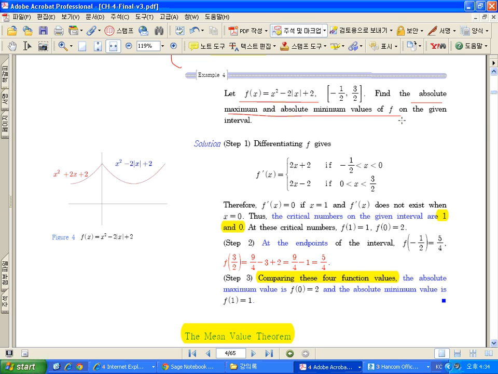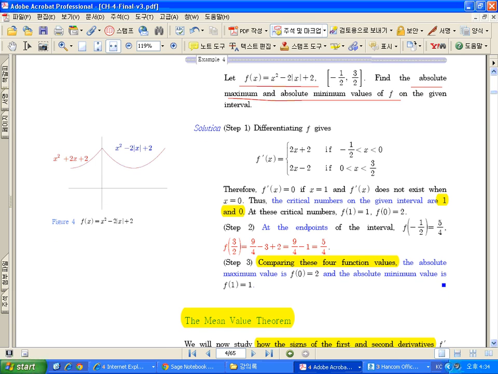What are you supposed to do? You have to find the critical numbers and the value at those points, and find the value of the function at the endpoints, here 5 over 4, and compare all those values: 1, 2, and 5 over 4. So 2 is the largest value and 1 is the smallest value. The absolute maximum of the function f is 2 and the absolute minimum is 1 at x equals 1.